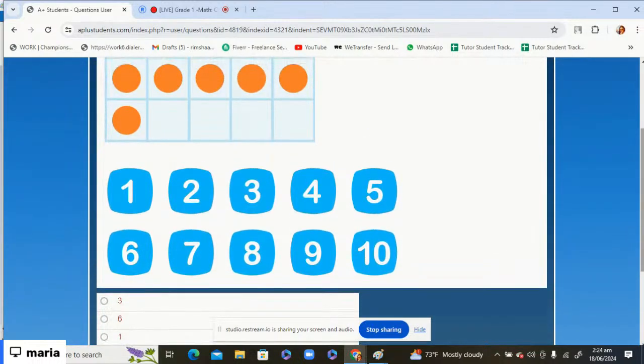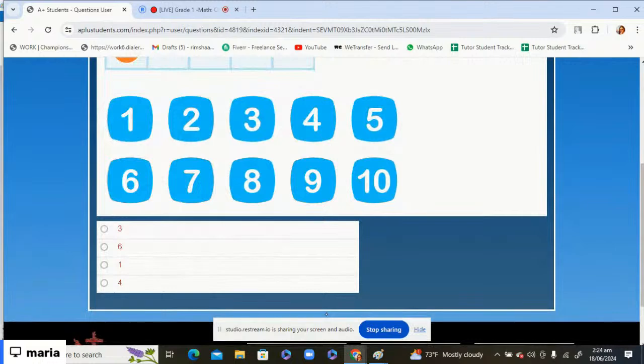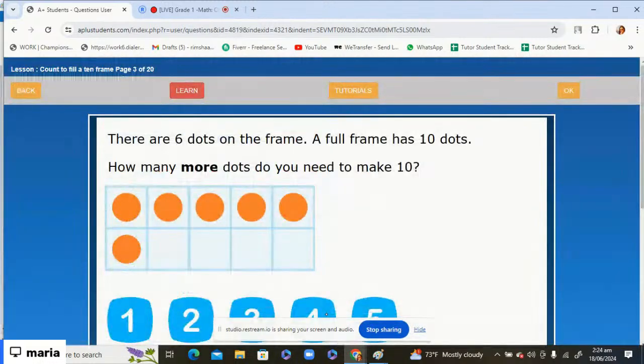One. Sorry. It's 1, 2, 3, and 4. No, it's not 7. Tell me the answer, please, everyone. Think about it and then tell me the answer.